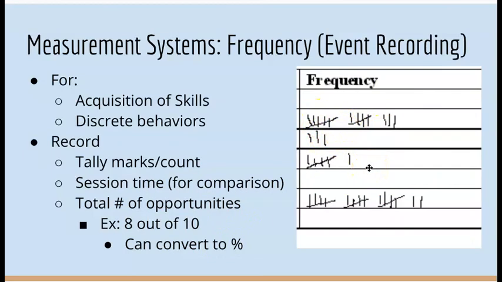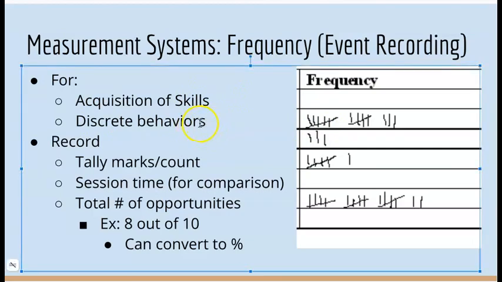All right? So when we're talking about measuring discrete skills, whether it's learning a new behavior, which would be as part of a trial, given a task direction and the learner completes it or not, or just performing, you're observing a learner perform behaviors that you've identified in the classroom, getting out of the seat, throwing something, saying a curse word.